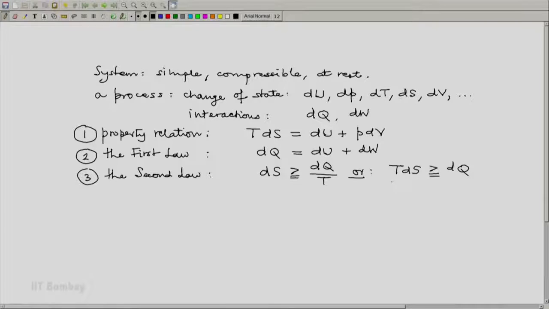Now what does this mean? TdS is greater than or equal to dQ. So look at equation 1 and 2.